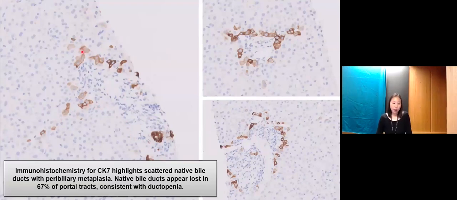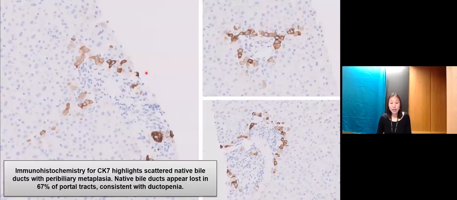And so this is a phenomenon that happens as a transformation of stem cells at the interface, in which these stem cells, due to some level of chronic injury, are starting to develop some sort of biliary type keratin phenotype. And so they can, in a very weak pattern, start being highlighted by CK7.